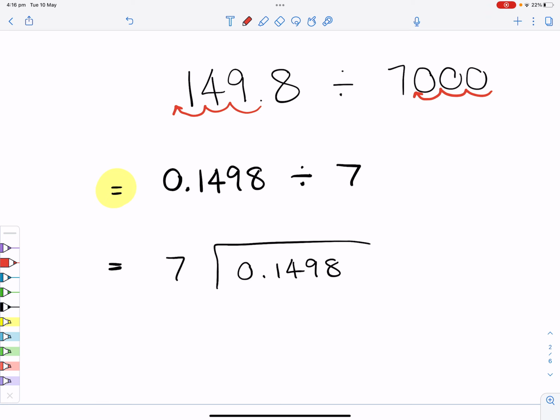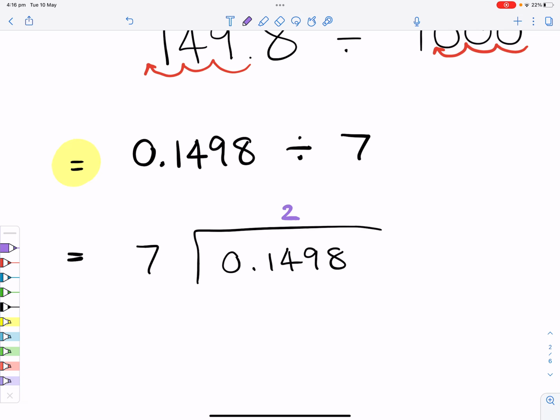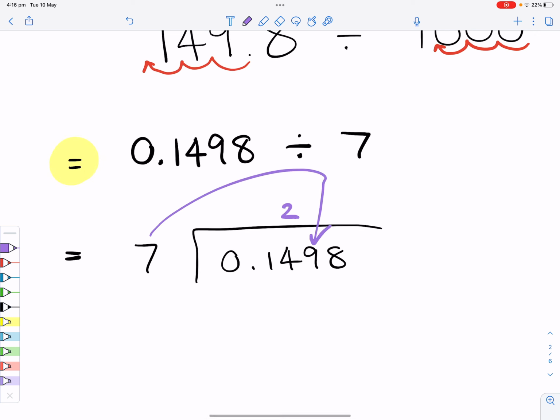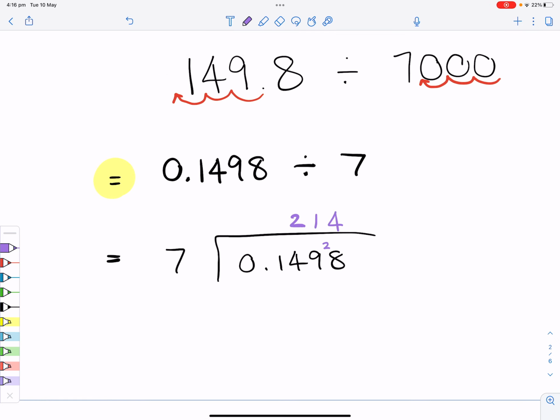Let me go with, I think I'll go with purple. 7 doesn't go into 0. 7 doesn't go into 1. 7 goes into 14 twice, nice and clean, no leftovers. 7 goes into 9, fits in there once with 2 leftovers. 7 goes into 28 4 times, I think. Let's see, 7, 14, 14 times 2 is 28. Yep.